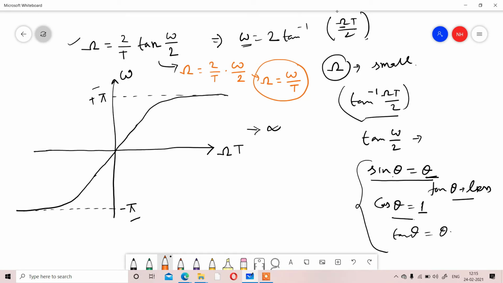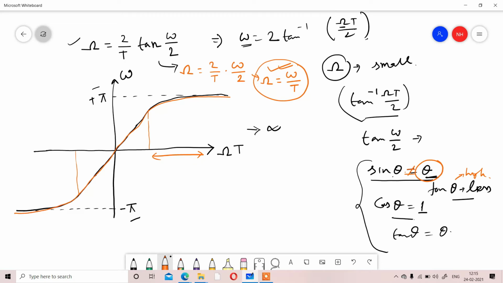But whenever you increase the frequency, whenever you increase the theta value, then sine theta will not be equal to theta, for high theta. In that case you will not get that linear characteristic, so the characteristic will be non-linear. So after a certain range of frequencies, the characteristic becomes non-linear.